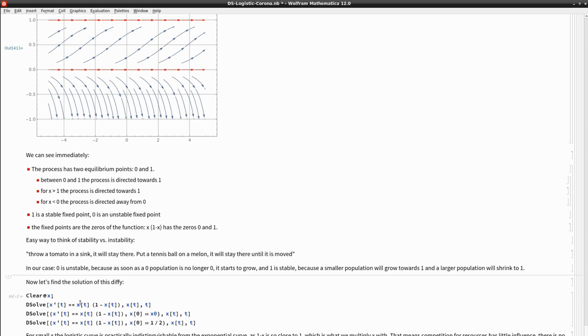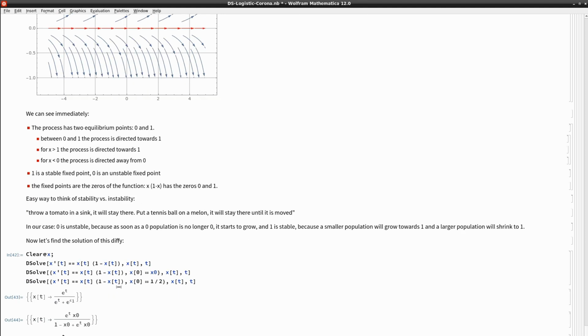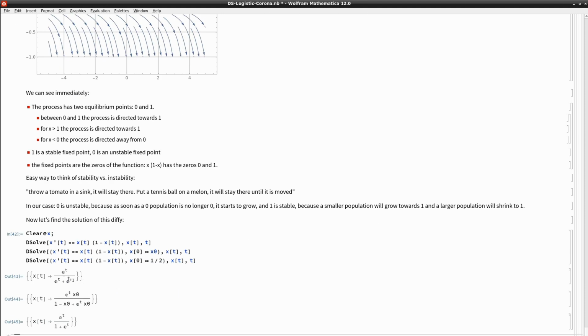So let's try to find the solution of this ODE, and we are getting this equation for the solution. And this looks similar to what we had above, just divide by e to the t, right? Then we have 1 divided by 1 plus another expression where we use e to the minus t somewhere here in the denominator.